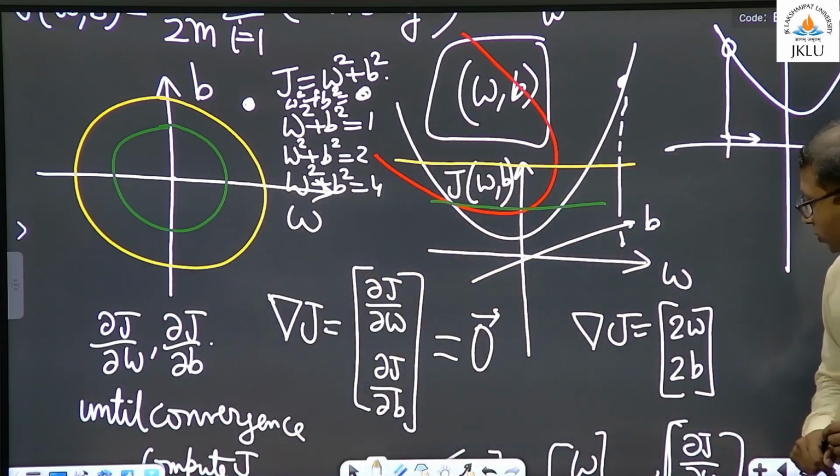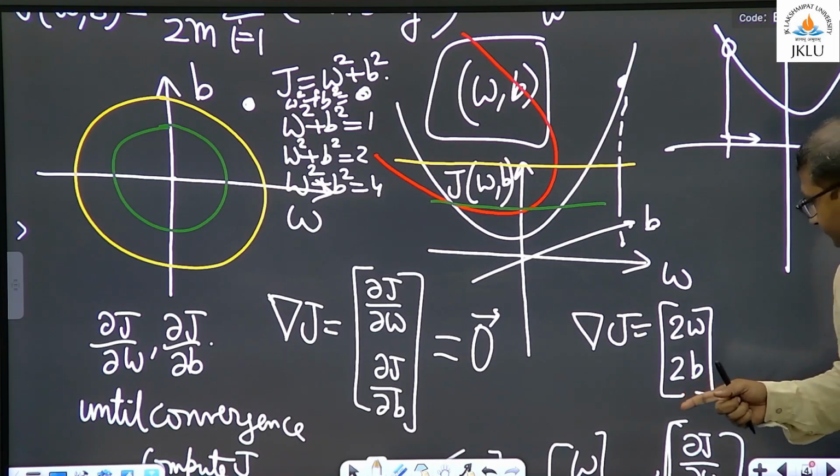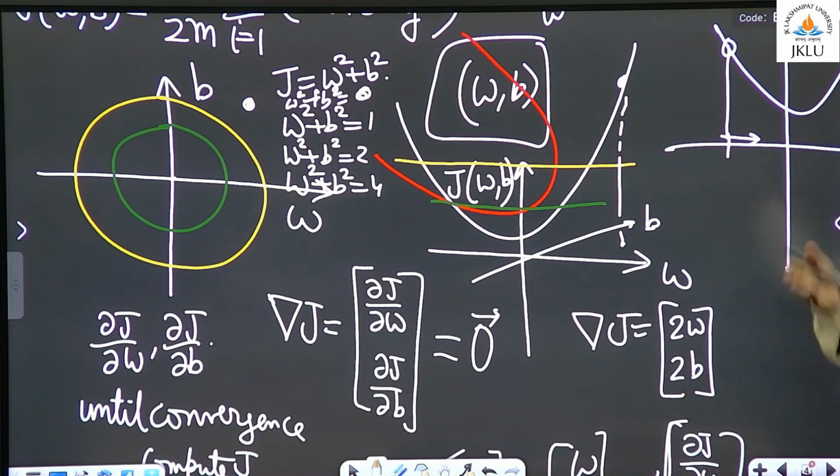So if I am at 0 comma 0, what is my grad J? 0. If I am at 1 comma 1, what is my grad J? 2 and 2. So it's a vector now, right?